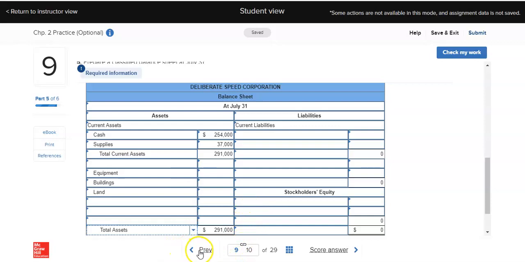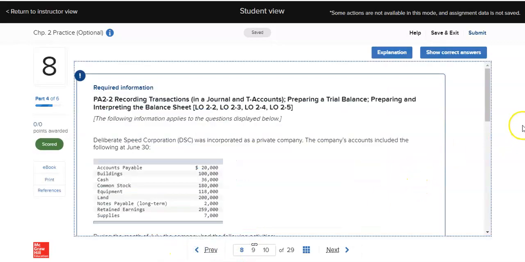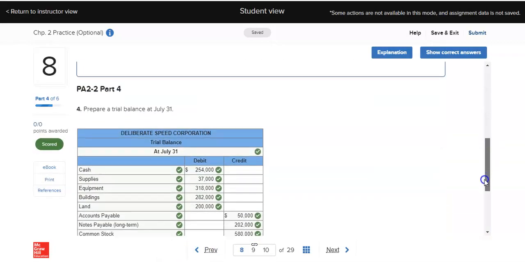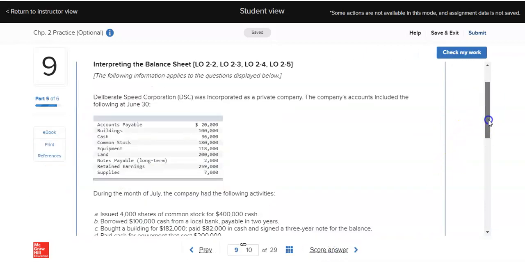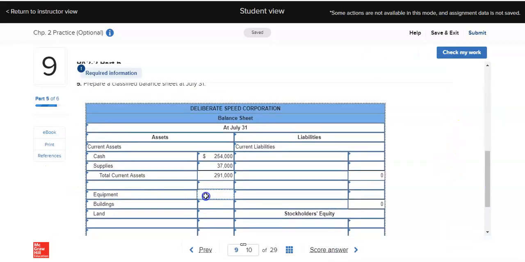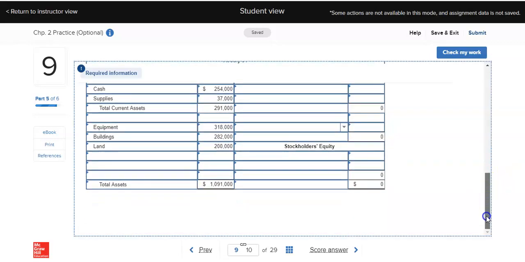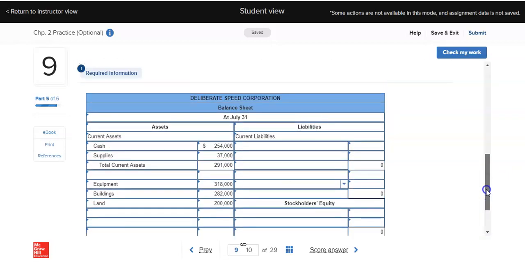So again, we go back to our trial balance and we copy the amounts for equipment, buildings, and land: $318,000, $282,000, and $200,000. So our total assets are $1,091,000.